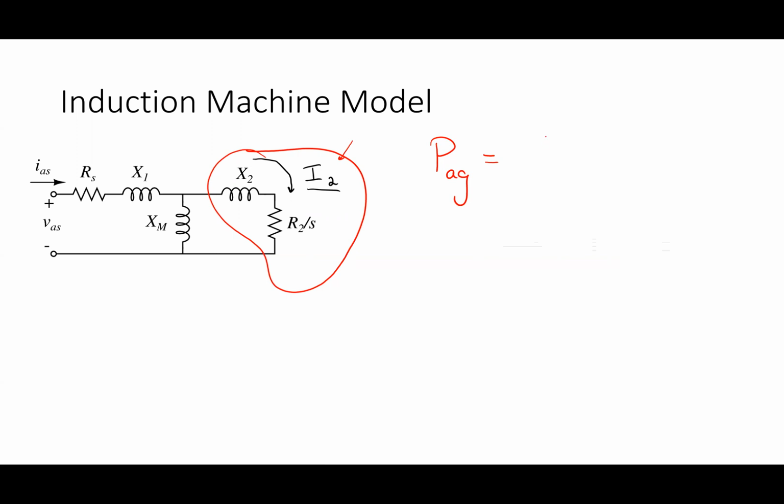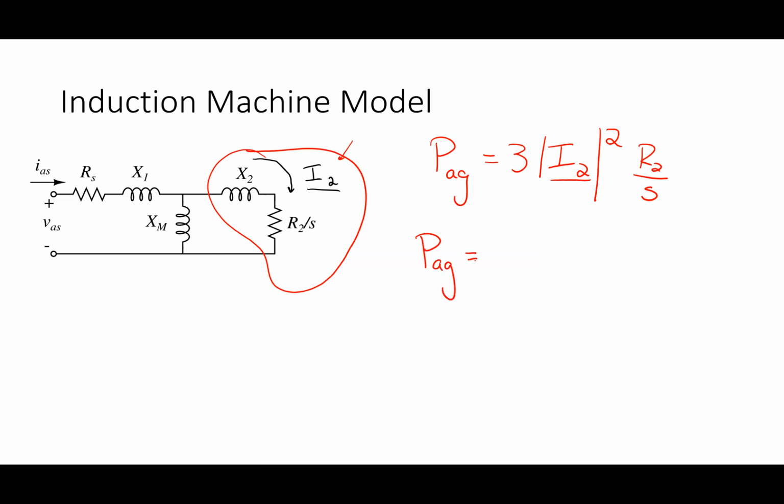So in a single phase, it's specifically the magnitude of I2 squared times R2 over S. And that would be multiplied by 3 because this is one phase of a 3-phase machine. So it's 3 times that. And there's a Q that goes with this as well, right? If I wanted to figure out Q across the air gap, it would be the same thing, except it would be times X2 instead of R2 over S.